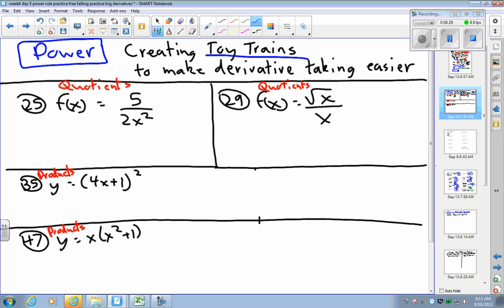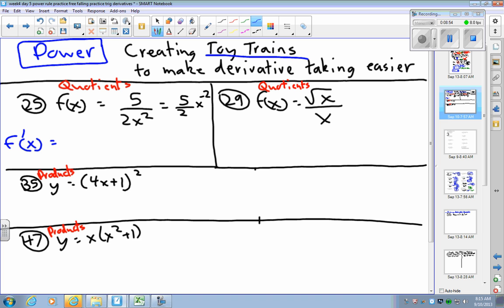Okay? So, 25, what I would do is this. I would first pull up the x squared, not the 2. You keep that where it is. So this would turn into 5 over 2, the fraction, x to the negative 2. All I did was move up the exponent guy. Now you can take the derivative. I'll take the derivative in blue, like I normally do.